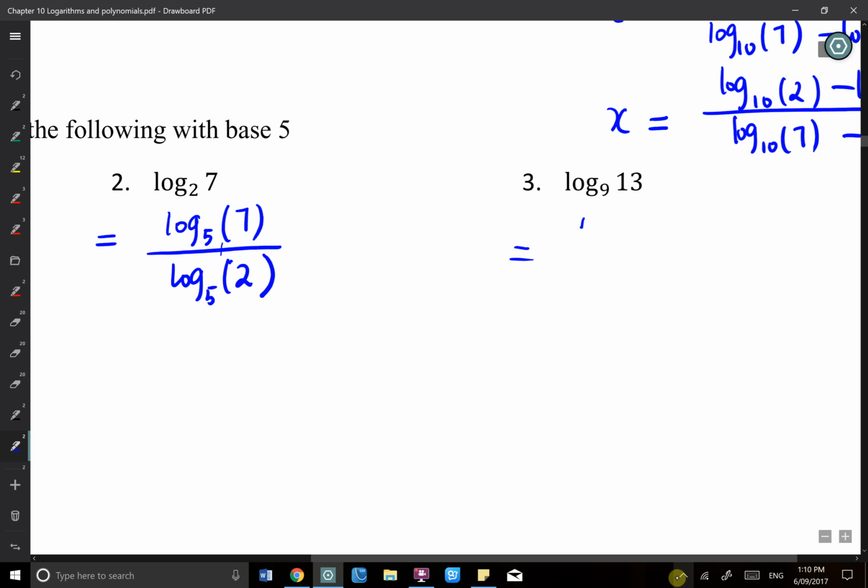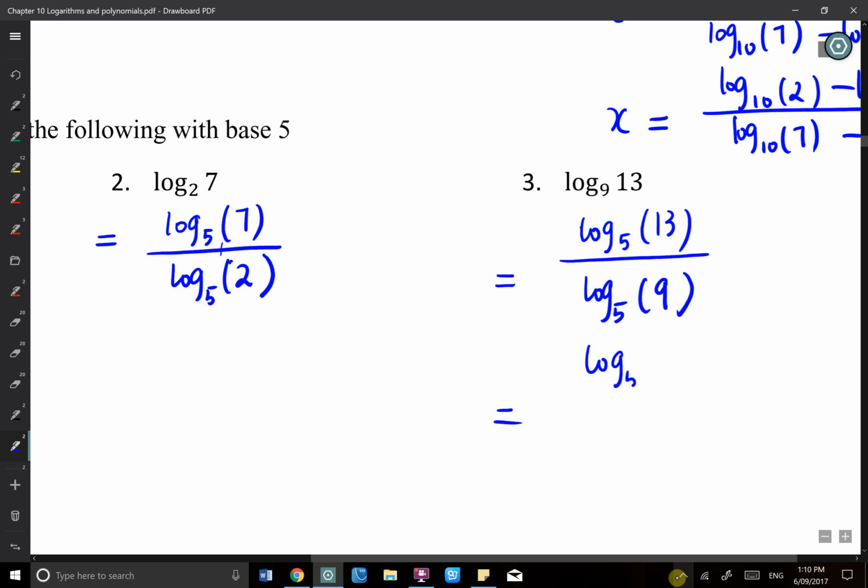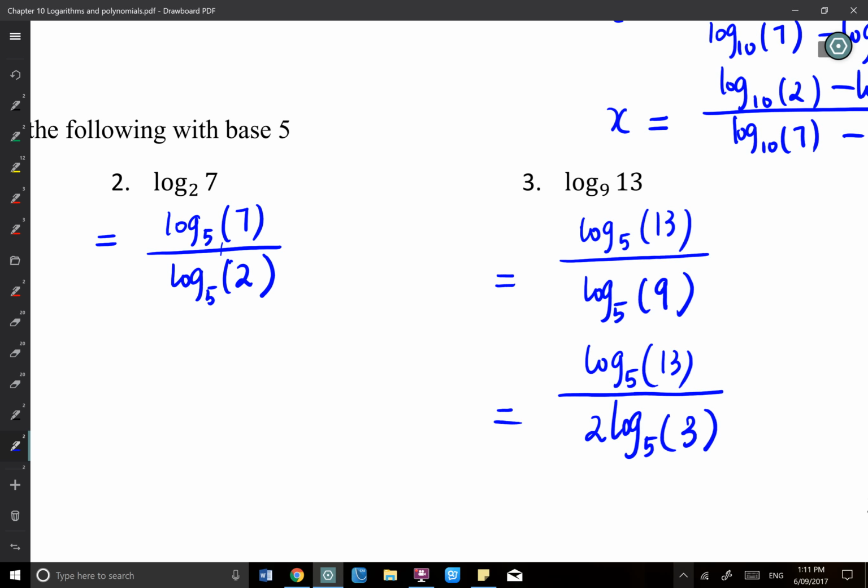The last one is log_5 13 divided by log_5 9. I can do more to that because 9 is a square number. So that's log_5 13 divided by 2 log_5 3, because 9 is 3 to the power of 2.